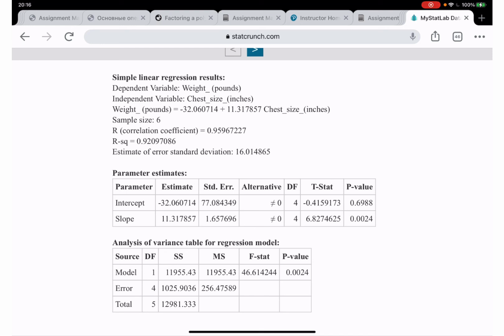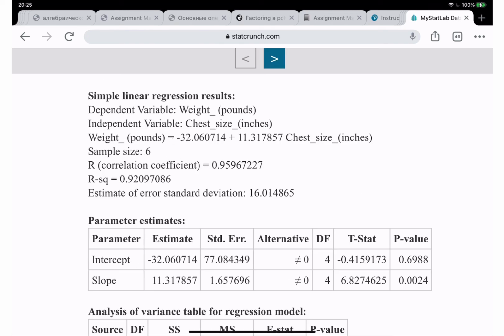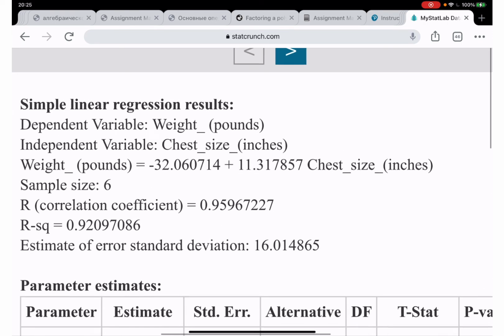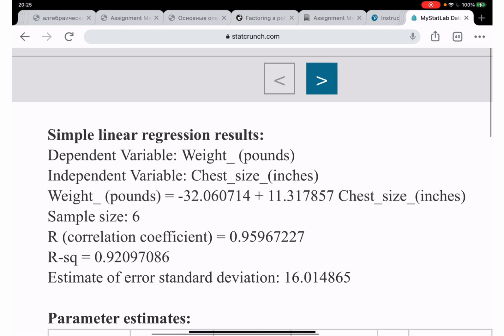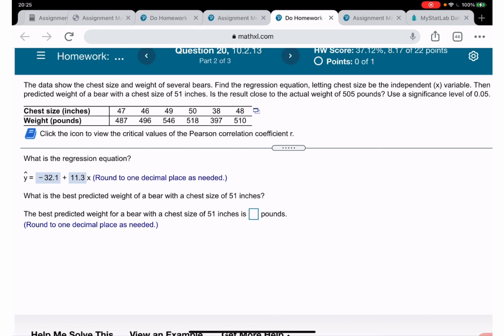It's going to be negative 32.1, I'm rounding to one decimal because they require one decimal, plus 11.3 times chest size, which is going to be our x. So negative 32.1 plus 11.3x.